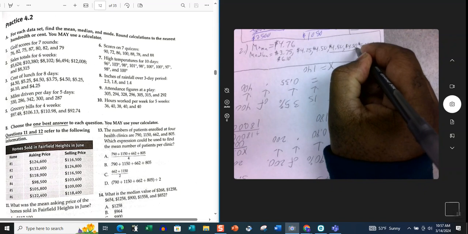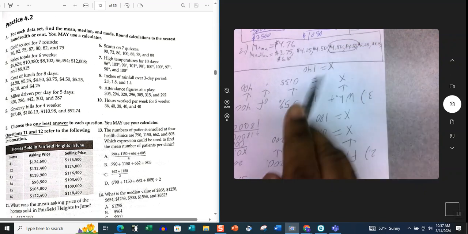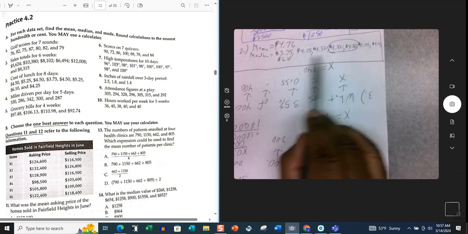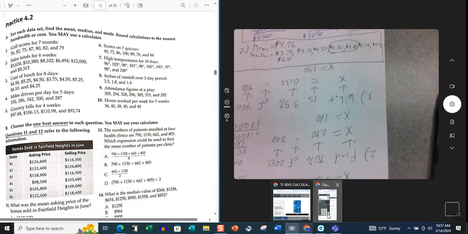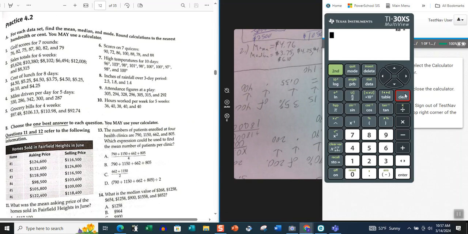So we have to pick the 2 in the middle. 3 in front, 3 in back. So it'd be $4.50 twice that we have to add and divide by 2. So N over D, 4.50 plus 4.50.